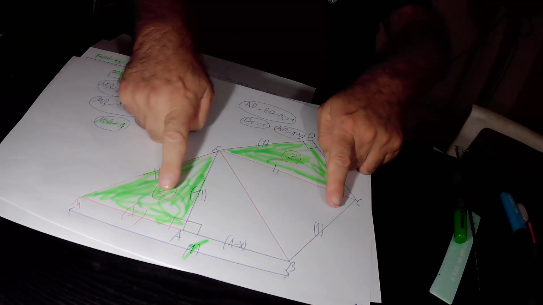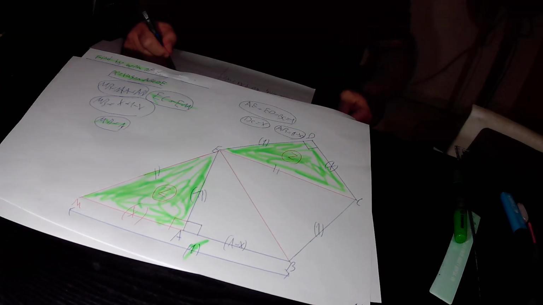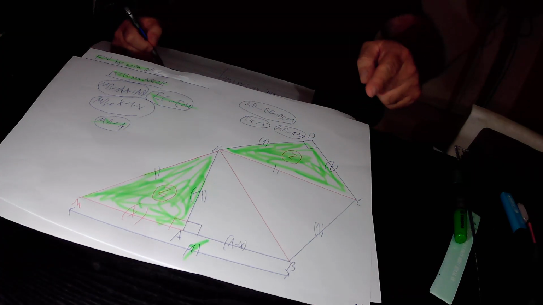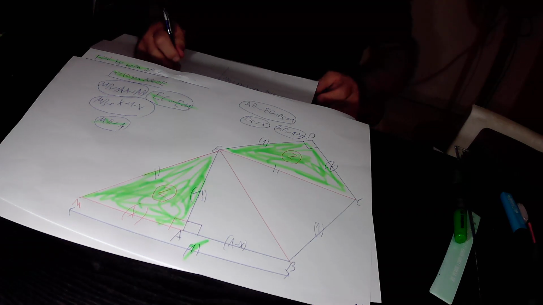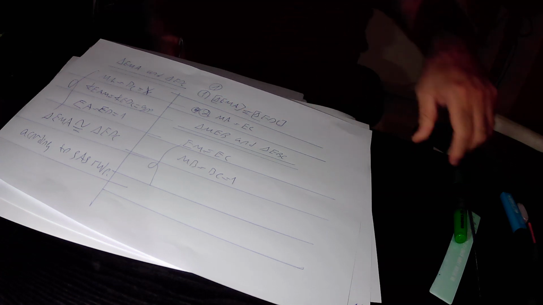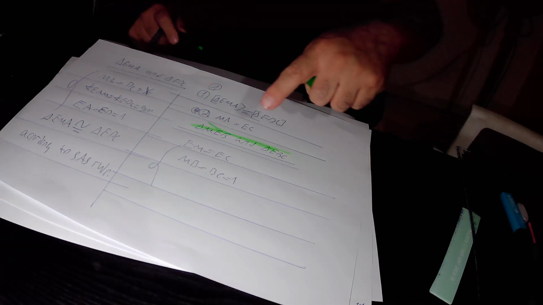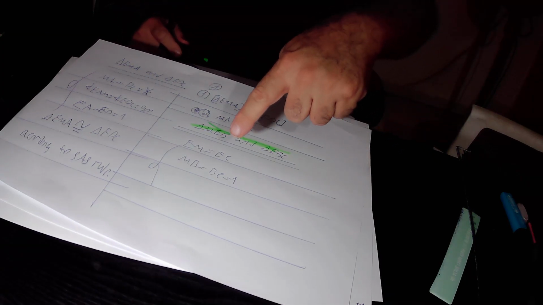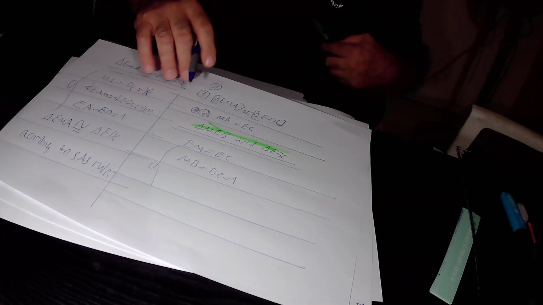They are both equal to 1 and therefore they are equal to each other. MB equals BC.